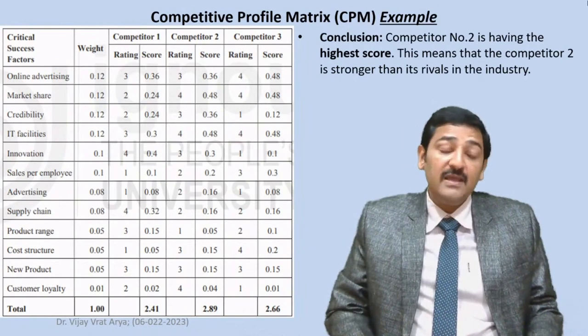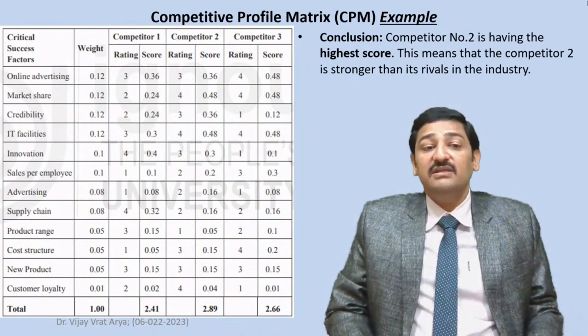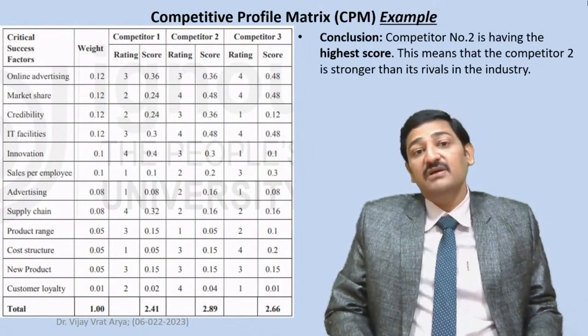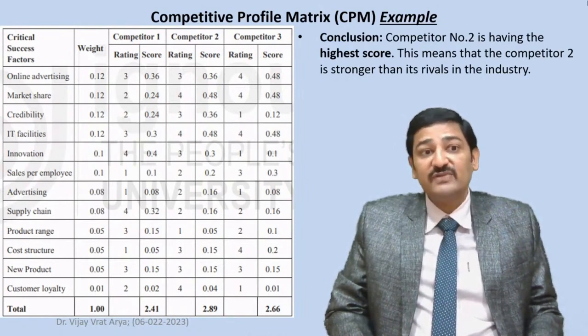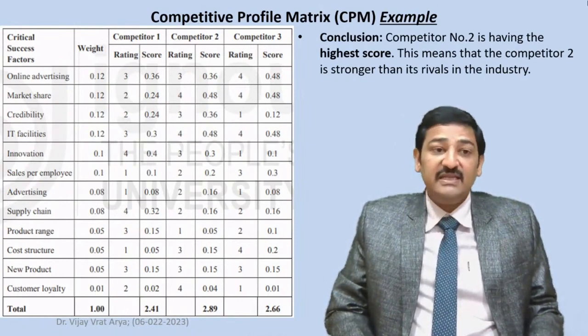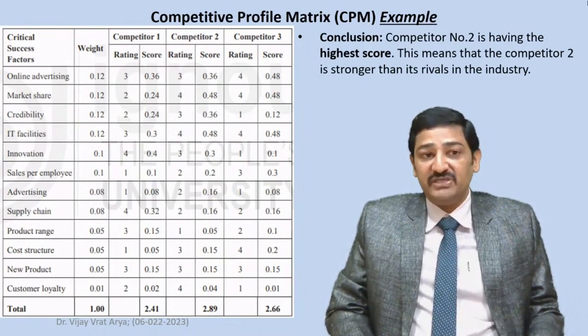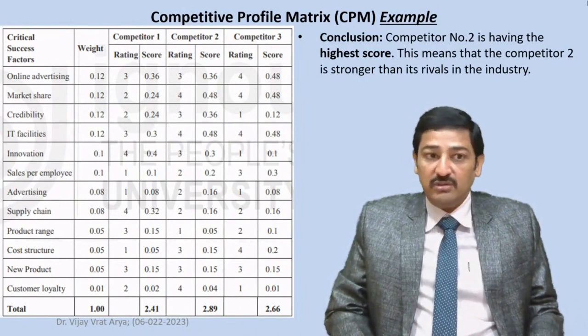The total of the weights of all these critical success factors should not be less or more than 1. Now, each of these competitors, including the firm which is calculating this competitive profile matrix, can include its own position as well as the other competitors, and a rating between 1 to 4 is assigned to that competitor or firm.